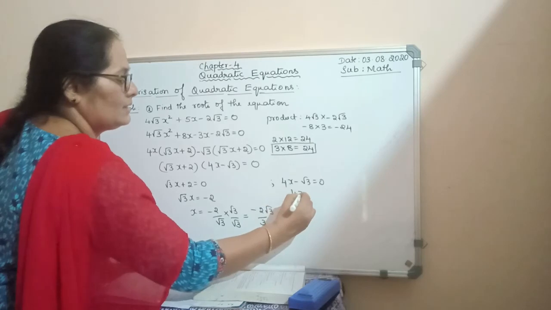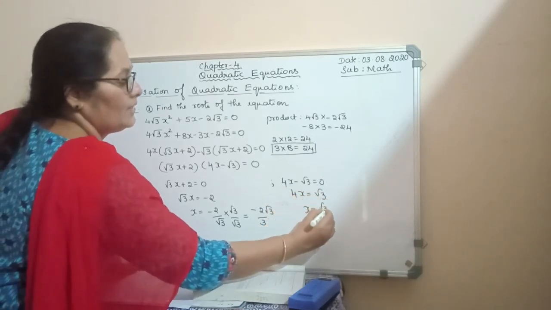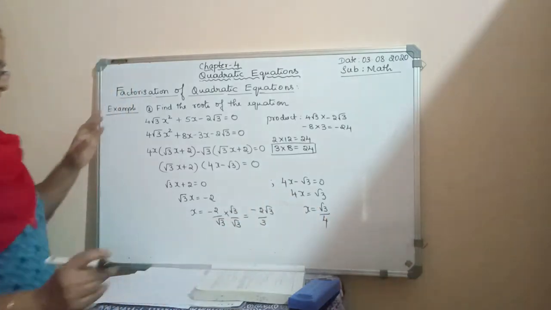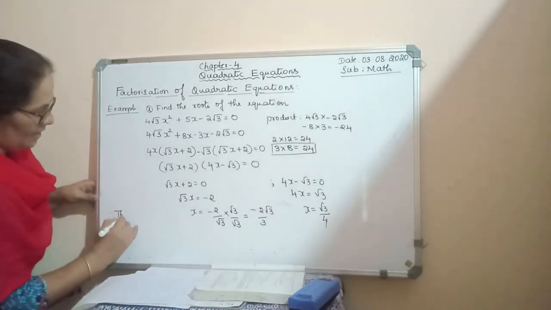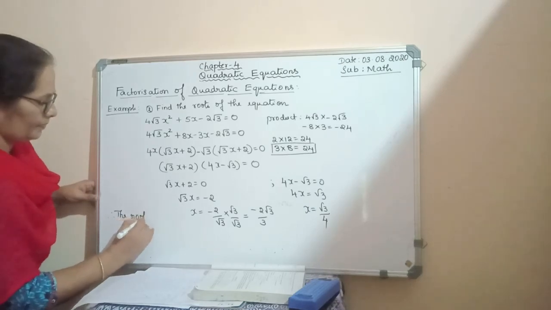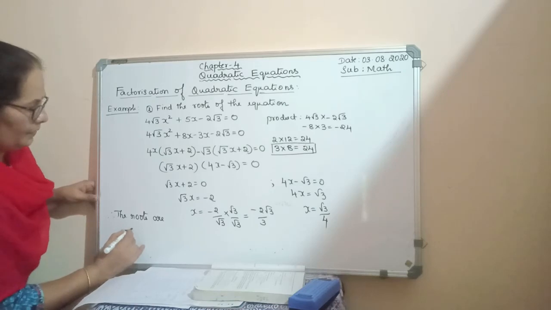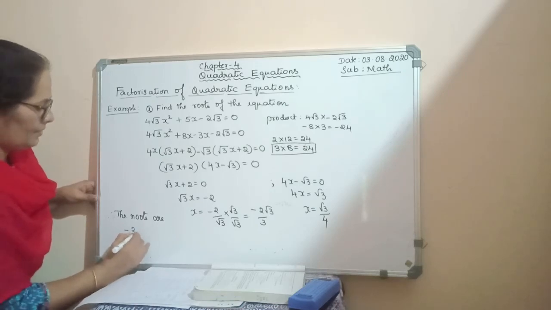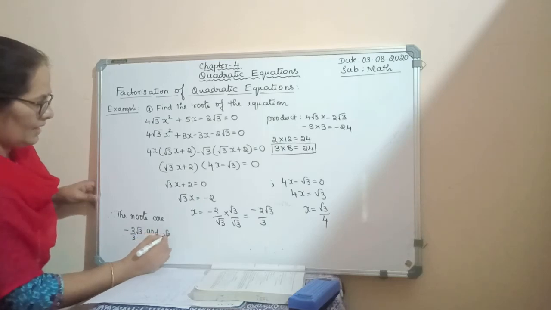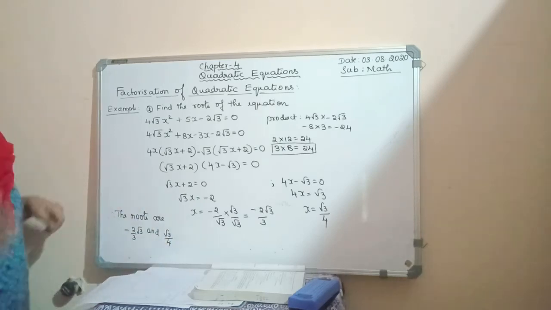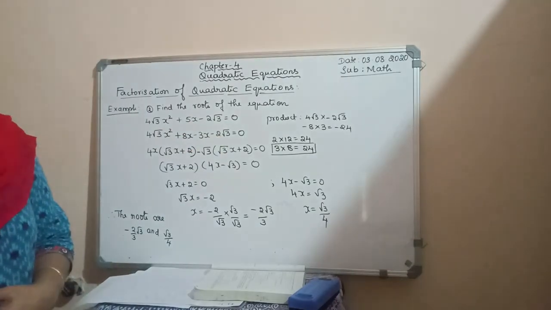So 4x equals root 3. So x is root 3 by 4. Therefore the roots are minus 2 root 3 by 3 and root 3 by 4, the two roots of this quadratic equation.